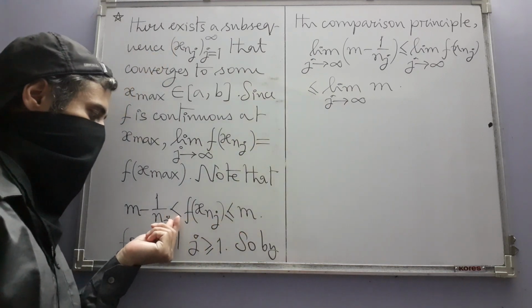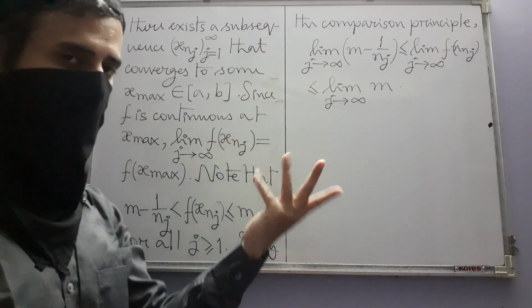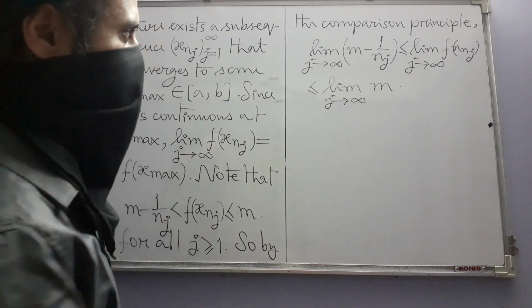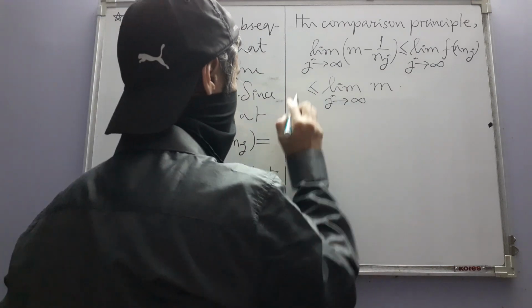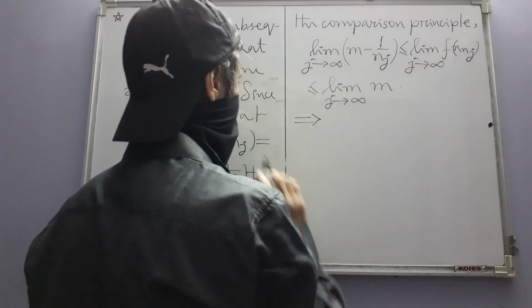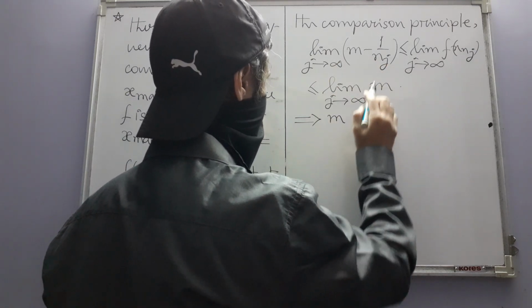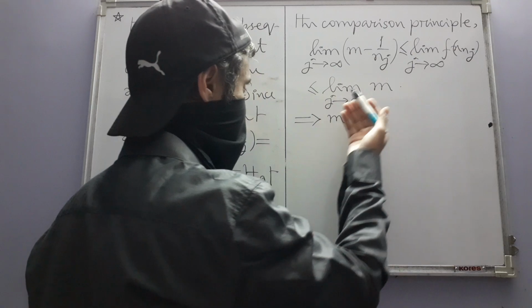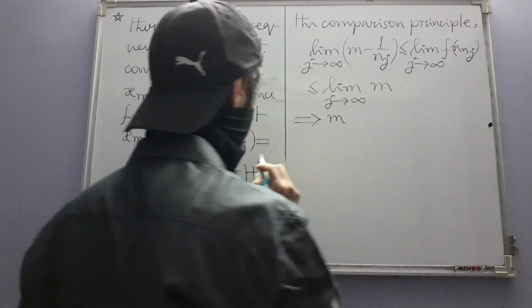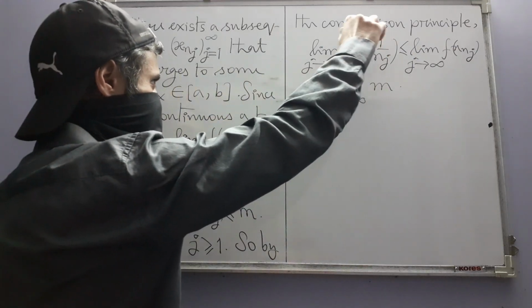Even if we start with strict inequality, it does not give us strict inequality. And these inequalities will imply this will be m, because obviously using the limit laws and that thing, that this converges to 0.